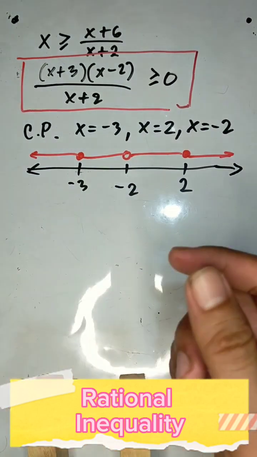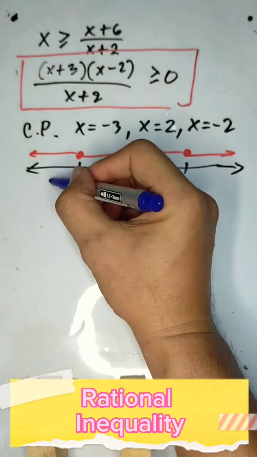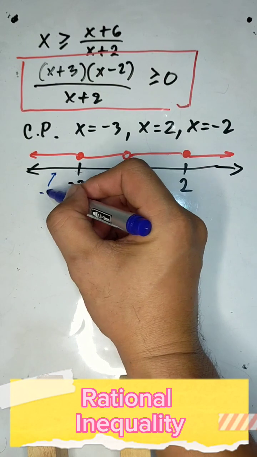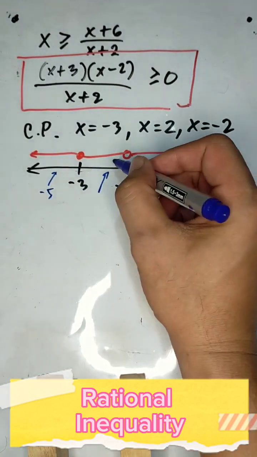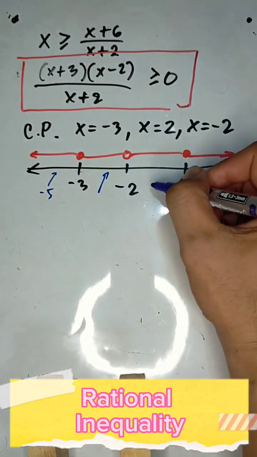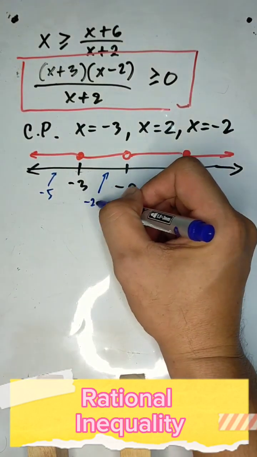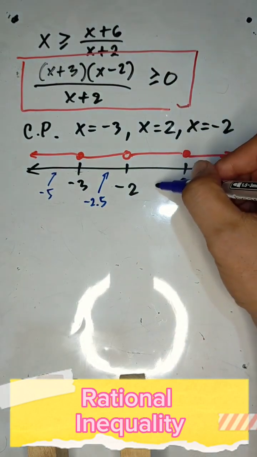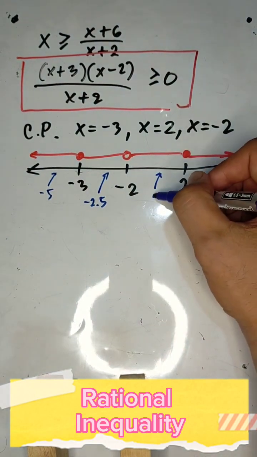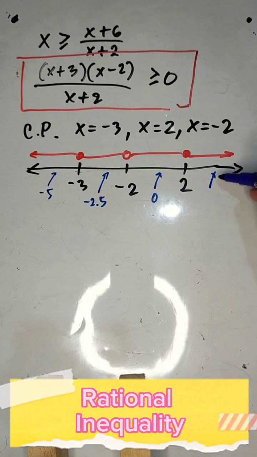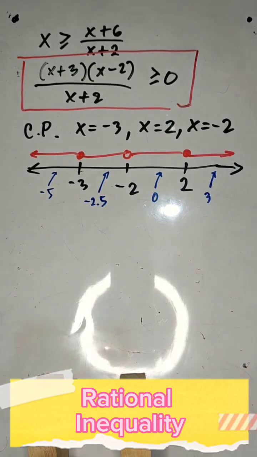Now let's pick test points for the intervals. So we have negative 5 here. We can take negative 2.5. Here we can pick 0, it's easier. We can pick 3 here, 4, or whatever.